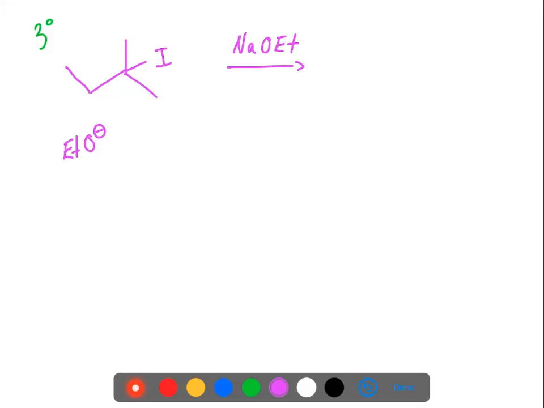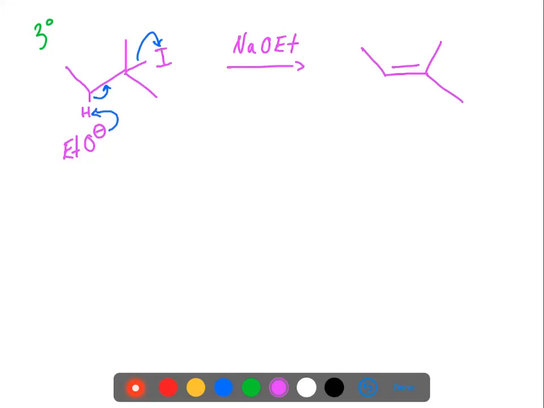And so similarly, we will see a preference for the more stable alkene in the formation of this compound.